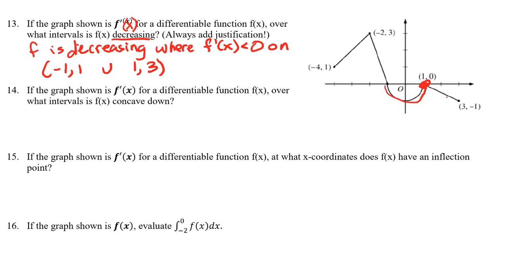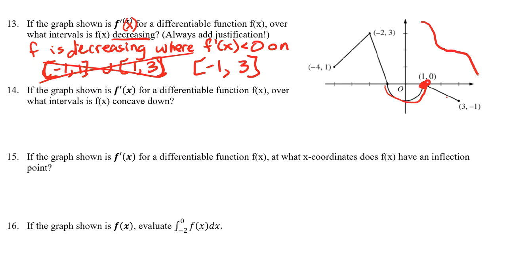So if you wanted to write them separately, I would make sure that I use closed brackets here. Or, of course, you could say, well, in that case, it's decreasing all the way from -1 to 3. All right, so the important idea is that decreasing hits a slope of 0 and then decreases some more. So we need to make sure that we include this 0 point in our answer.